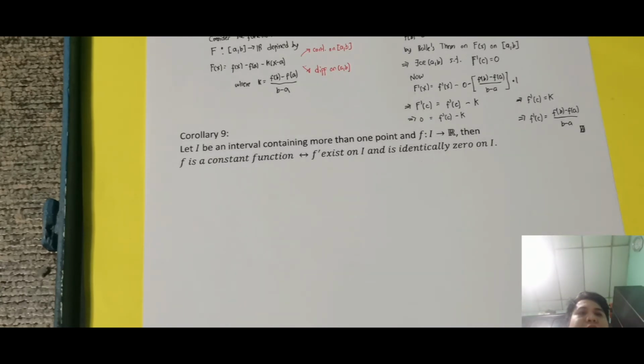Now let's define what identically 0 on I means. It is different from a constant function, such as f of x equal to 3 or f of x equal to 4.